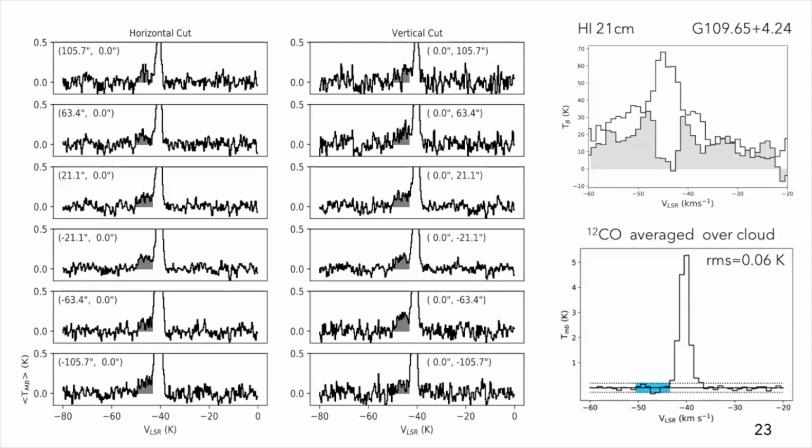Now it's very important to understand, is there any CO gas associated with that? So, again, the sensitivity of the CO observation wasn't great because it was part of the big survey. But I averaged up all the CO spectra in the range of the C+ map. And if you look at this blue shaded area where we see the blue shifted feature in C+, you don't see any evidence for any CO emission.